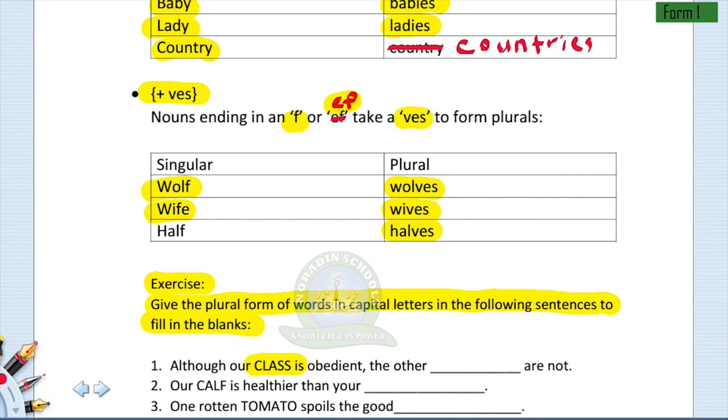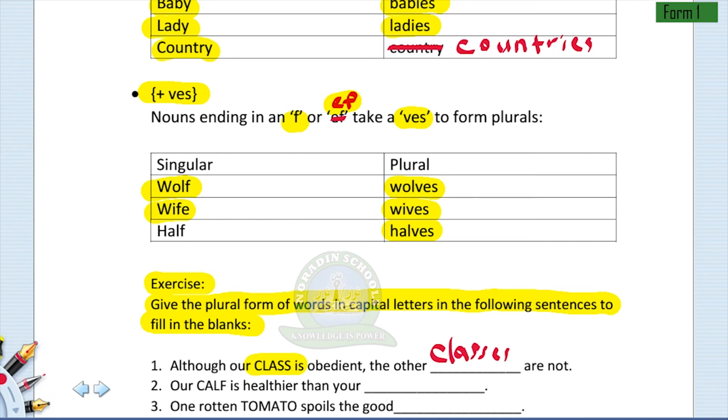Well, the answer is classes. We add es. The next one is: our calf is healthier than your dash.